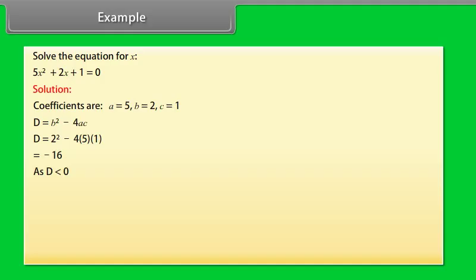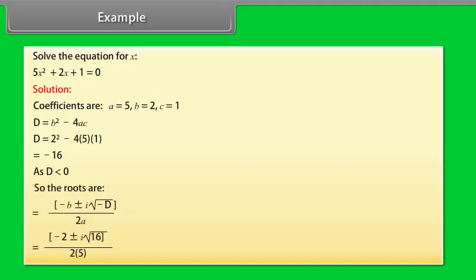As D is less than 0, the roots are x = (−2 ± i√16)/(2 × 5) = (−2 ± 4i)/10. On solving, we get x = −0.2 ± 0.4i.